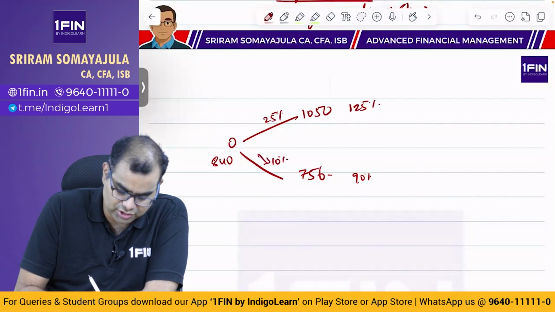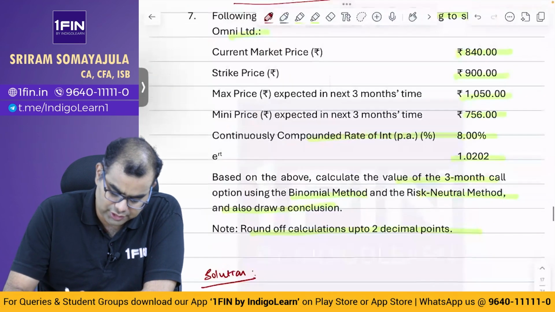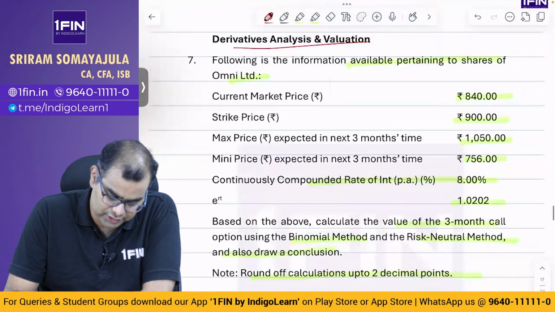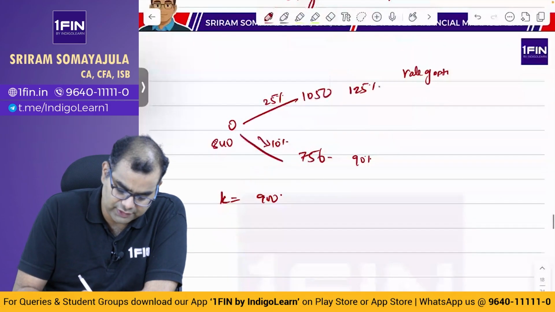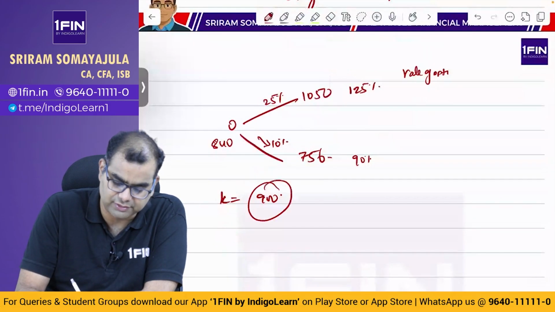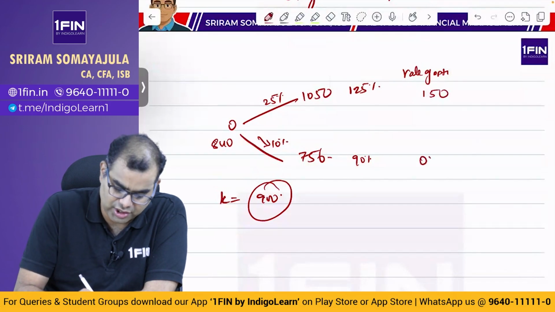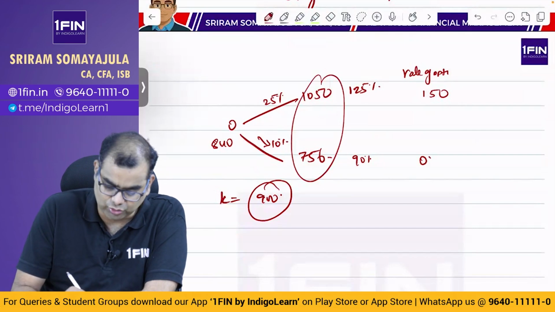Strike price is equal to 900. This is a 3-month call option, not a put or anything like that. If the strike price is 900, the value of the option is 150 here, and the value of the option is 0 on the down move. So the change in price of the share is 1050 minus 756, basically 294.